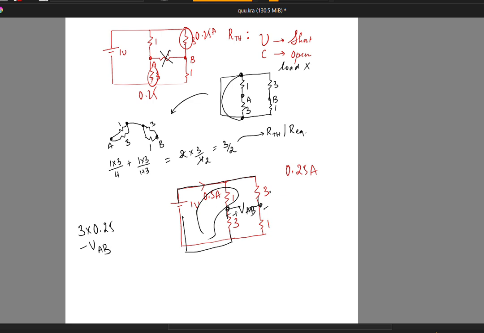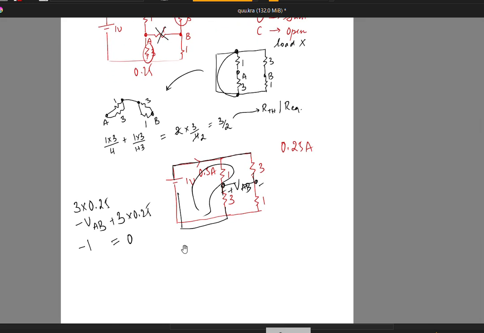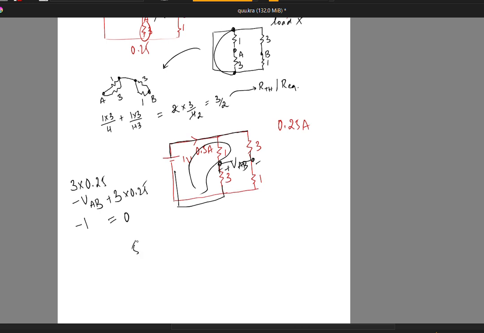This is the positive end, and then we come over here, which is again positive, so it is 3 times 0.25, and we come to negative 1 volt, and that will give us VAB. Try simplifying this, you'd get 0.75.